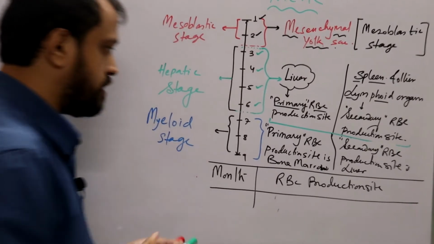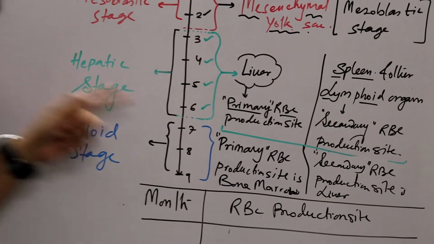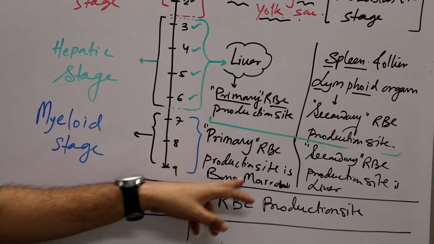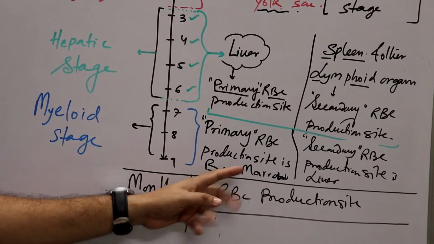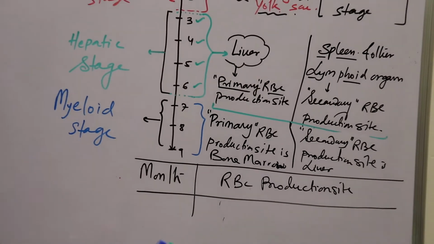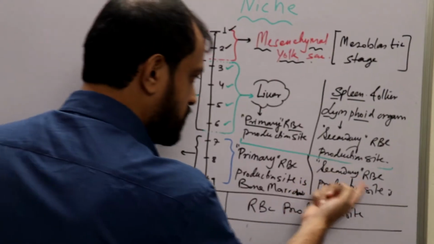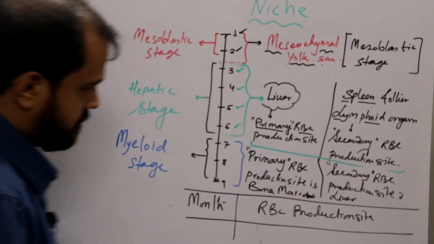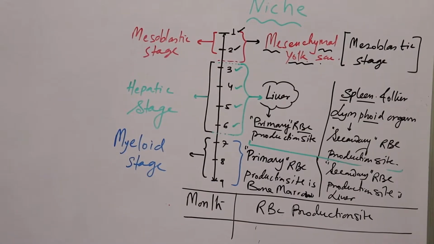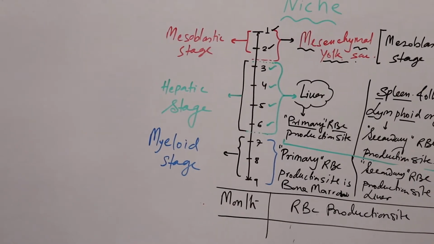That is, the primary RBC production site during the hepatic stage was the liver, but in the myeloid stage, the primary RBC production site has shifted from the liver to bone marrow, but the liver also produces some quantity of RBCs. As it is producing a very insignificant amount of RBCs, that's why it is called secondary. Okay, so now we will be discussing erythropoiesis in newborn child and adult.